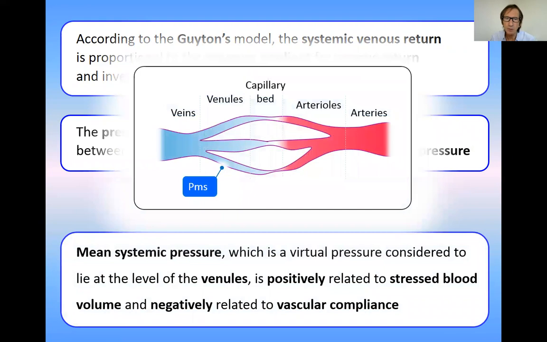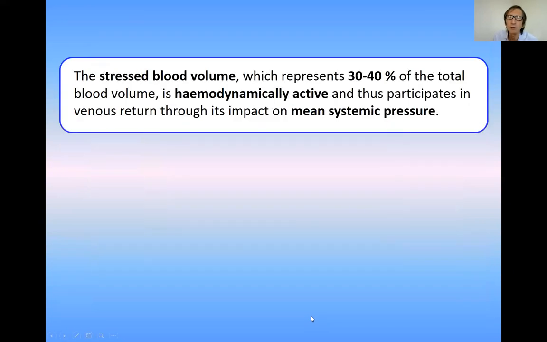The mean systemic pressure is a virtual pressure considered to lie at the level of the venules, and it is positively related to stressed blood volume and negatively related to vascular compliance. The stressed blood volume, which represents 30–40% of the total blood volume, is hemodynamically active and thus participates in venous return through its impact on mean systemic pressure.